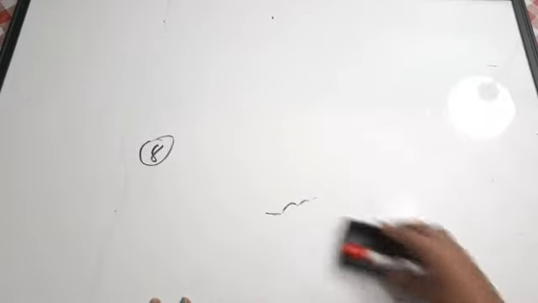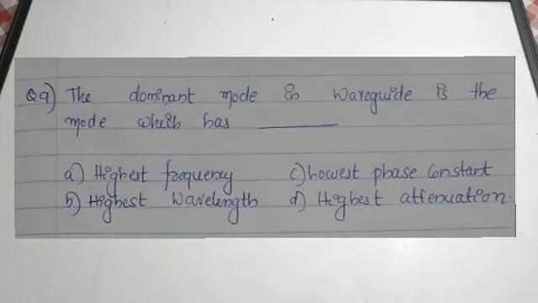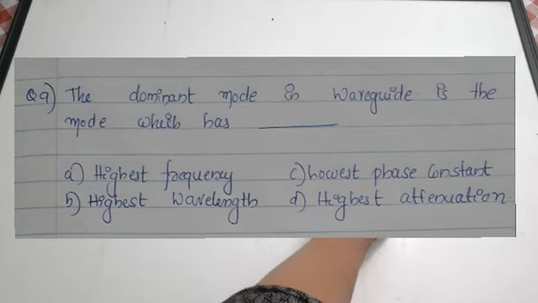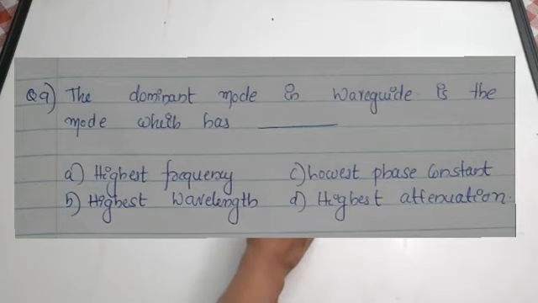Now the 9th question. Again a theory question. The dominant mode in waveguide is the mode which has dash. A, highest frequency, B, highest wavelength, C, lowest phase constant, D, highest attenuation. So the dominant mode is a mode with lowest cutoff frequency and highest wavelength.